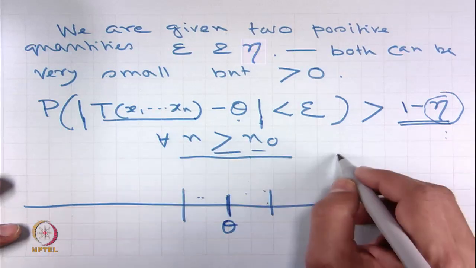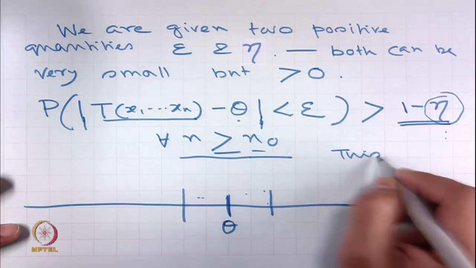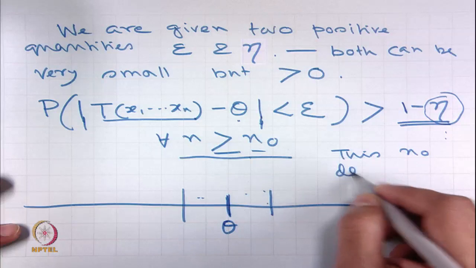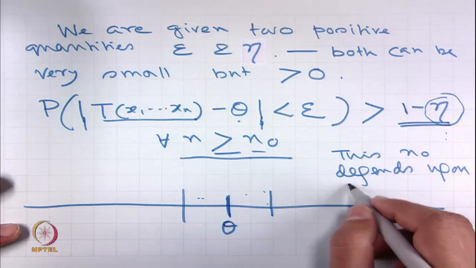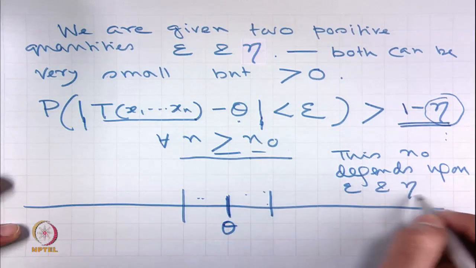Obviously, this n naught depends upon both epsilon and eta.